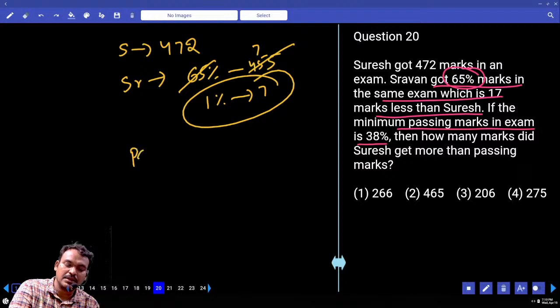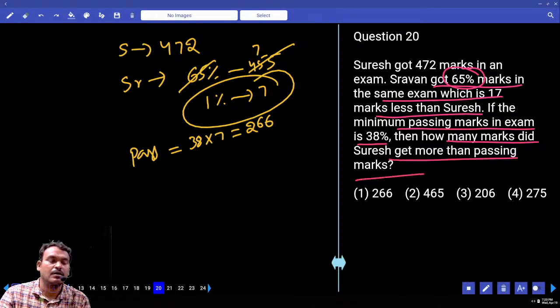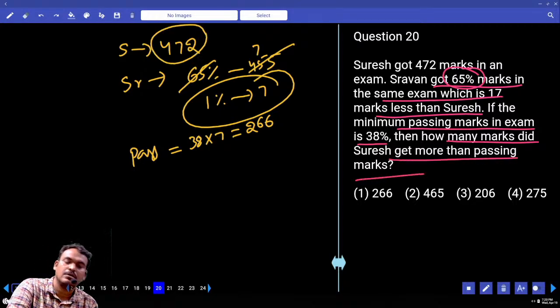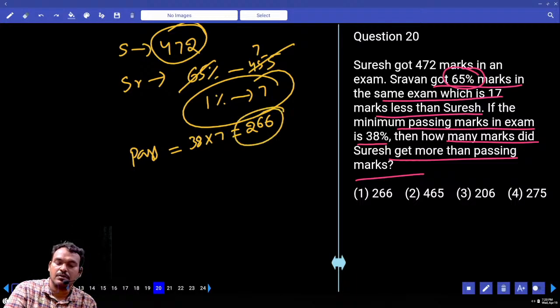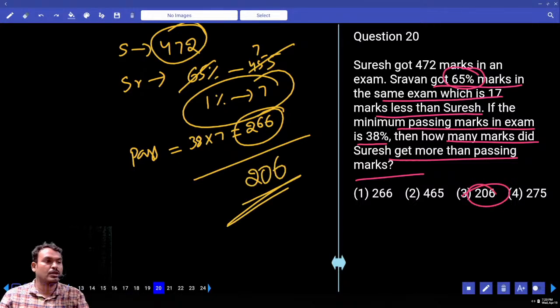Then pass marks are 38 into which one? 7. 38 into 7: 7 into 30 is 210, 7 eights are 56, total 266. What is the question here? How many marks did Suresh get more than the pass marks? What are Suresh's marks? 472. Pass marks 266. What is the difference? 206.